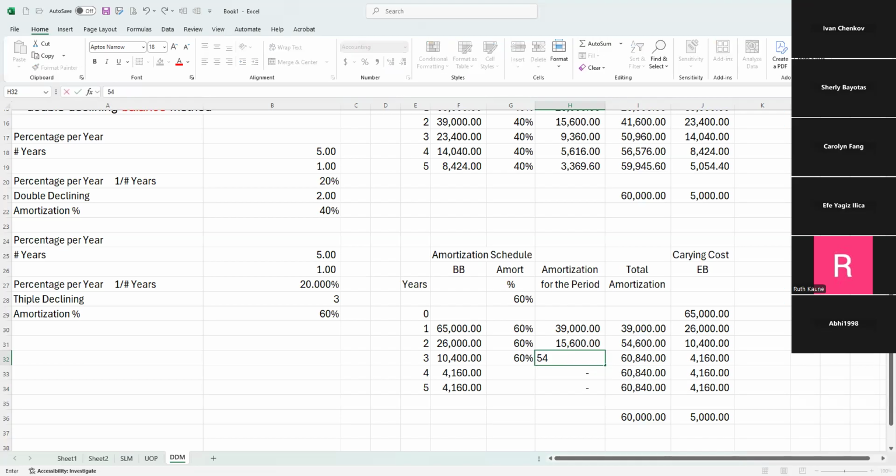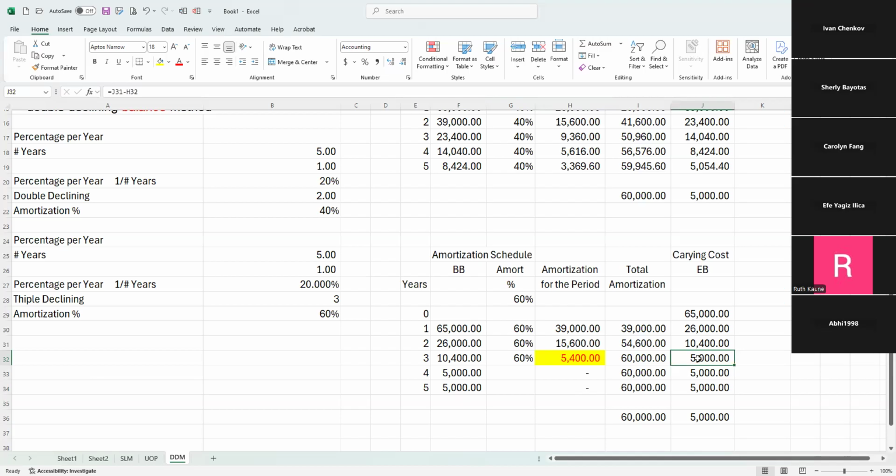Only $5,400. And that's what you're doing. You're manually adjusting, in the year that you're seeing the carrying amount, carrying cost dropping below the residual value, the amortization for the period to match your needs.